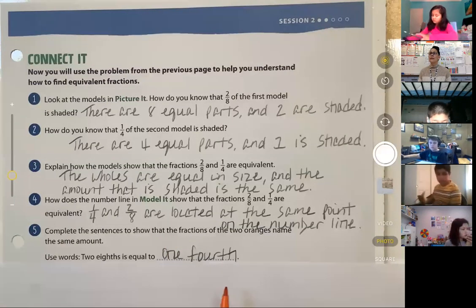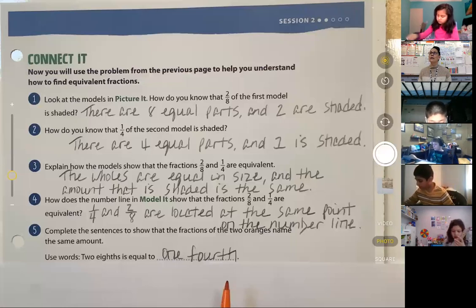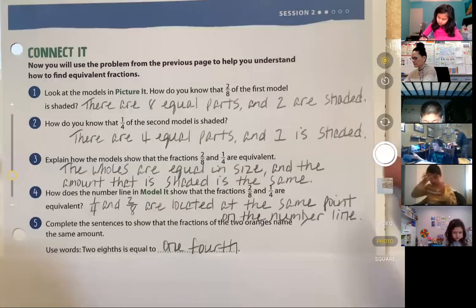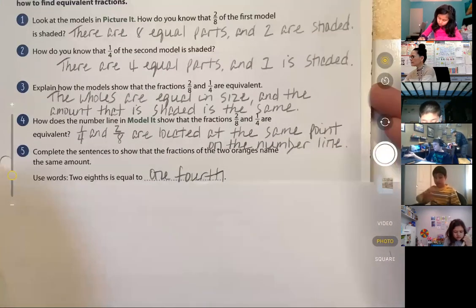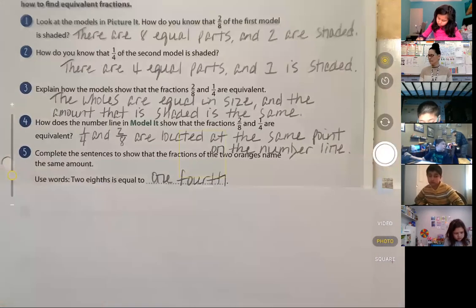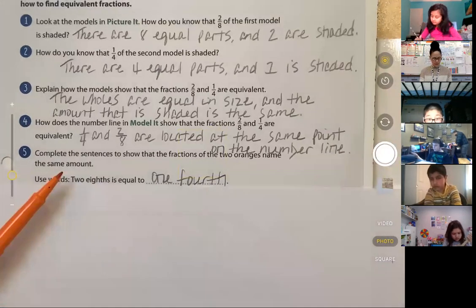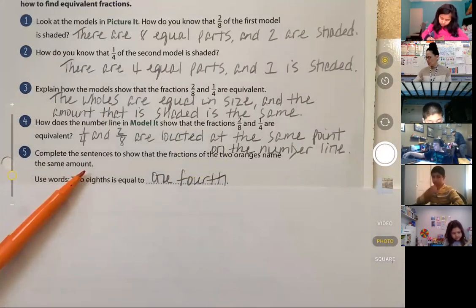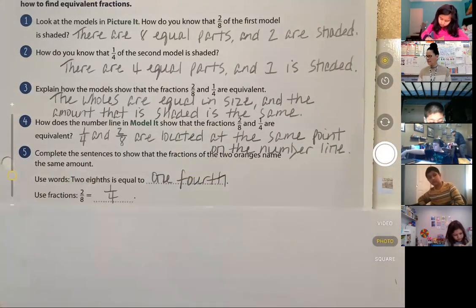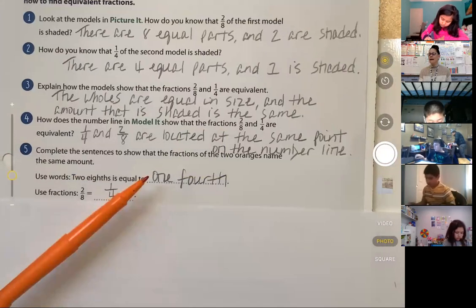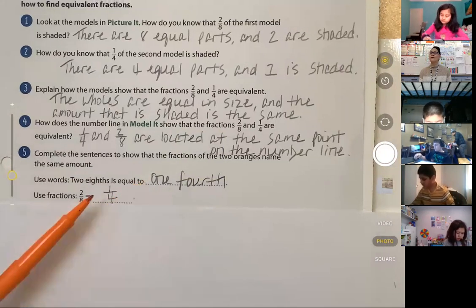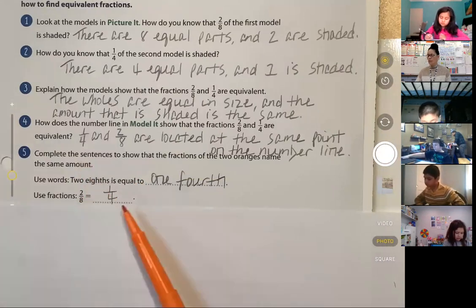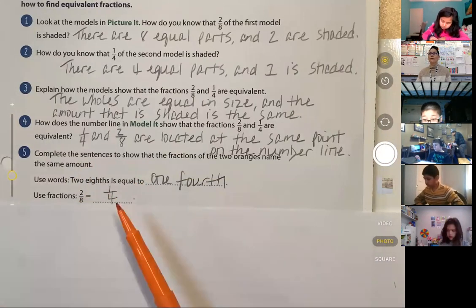You are actually writing the word: two eighths is equal to 1/4. And then to use fractions, again, 1/4 in fractional form. This is the same value, 1/4.